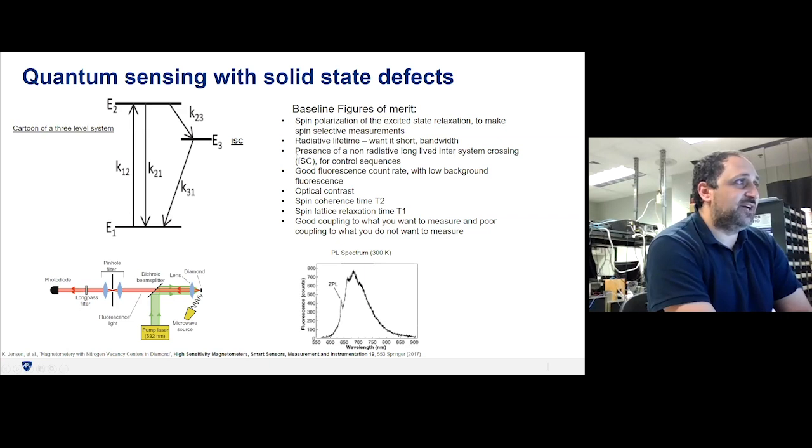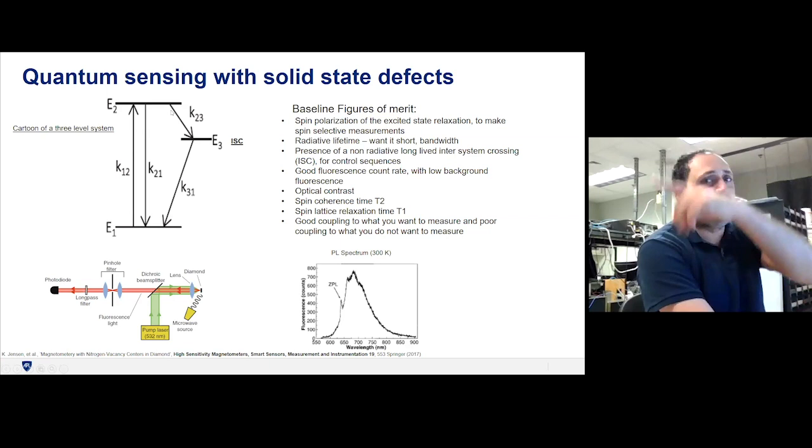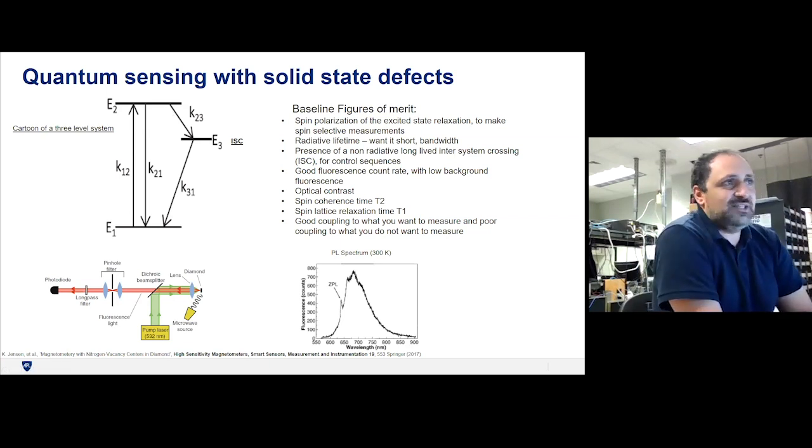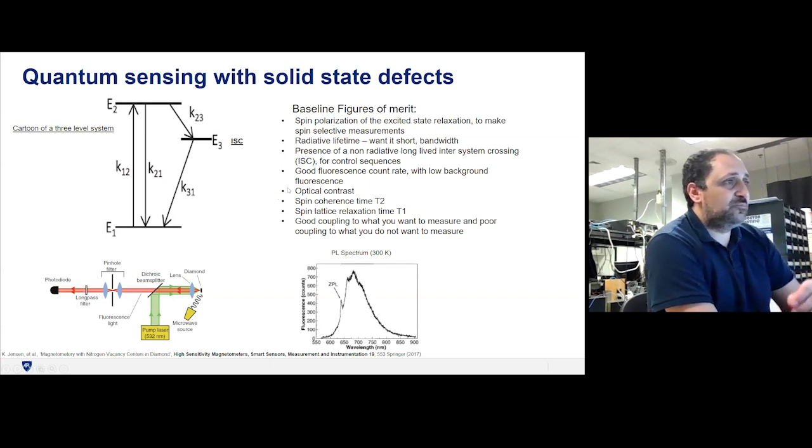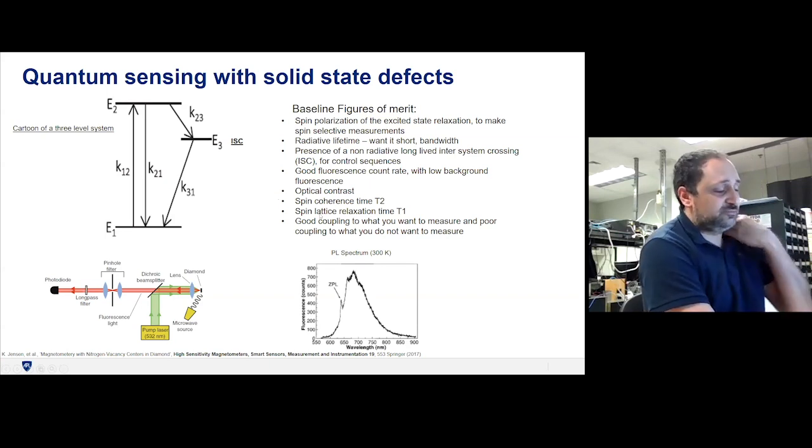The radiative lifetime: once you excite it, how long does it take to emit a photon? It's like nanoseconds. And then a good fluorescence count rate. So you want it to be bright. These things we'll get to in a second.